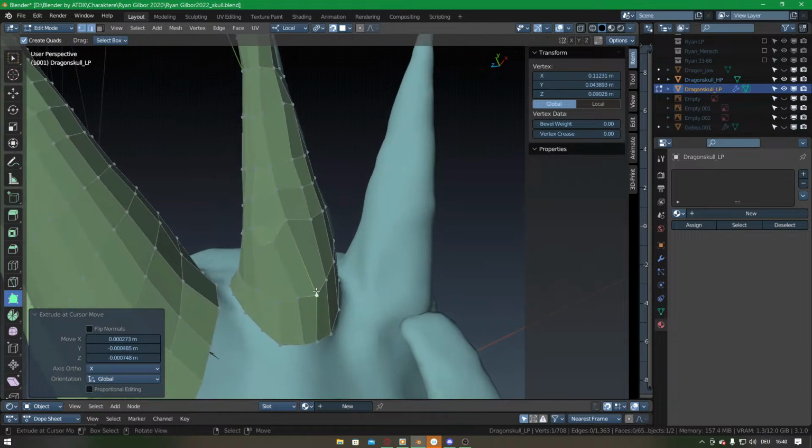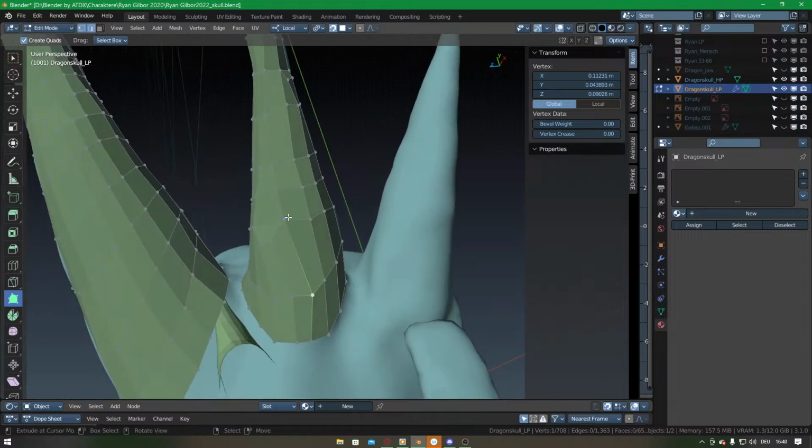Oh, this is a little bit too slanted. Come on.